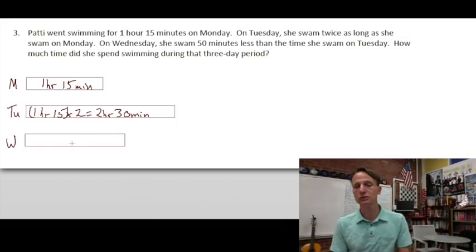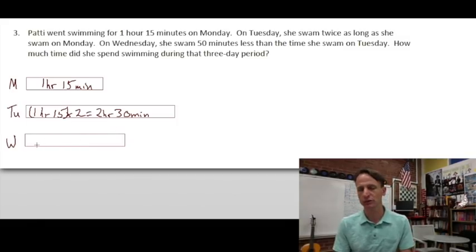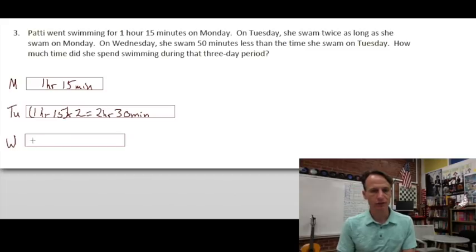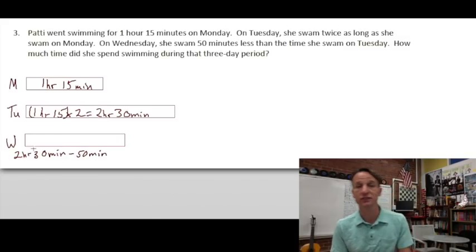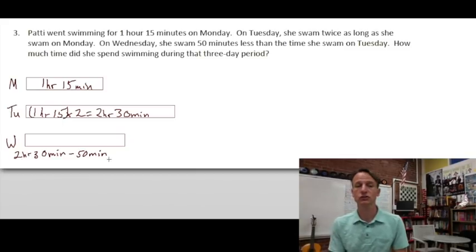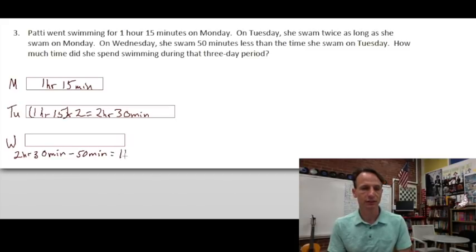Okay, so to do that math, we actually have to do a little bit more. I'm going to have to do it underneath too, because there won't be room in the box. So it's 2 hours, 30 minutes minus 50 minutes. Well, obviously I can't take 50 from 30. So I go to that 2 hours. I'm going to set 1 hour aside, just like mixed numbers, and leave it alone.